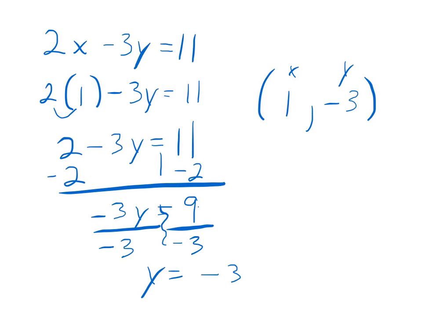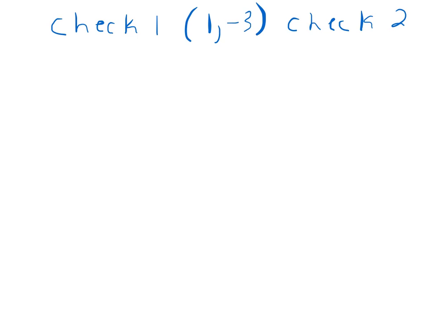Now, again, you can check your answers to make sure you get them right, especially if you finish the test and have extra time. Let's go ahead and do that. I need to do check 1 and check 2. My ordered pair was 1, negative 3.